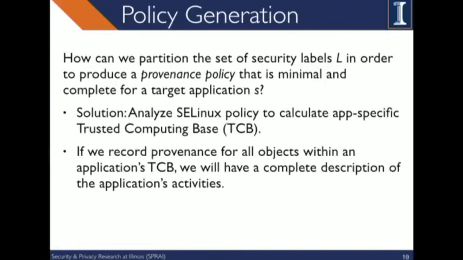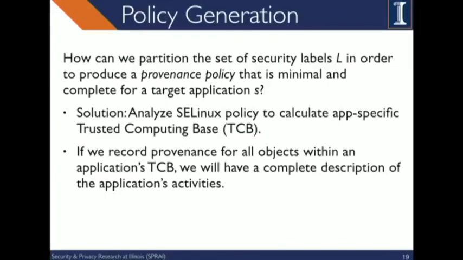All right, so given that definition, we now need a means of partitioning the set of MAC labels so that for a particular target application S, the policy satisfies this property of minimal completeness. As I pointed to, our solution involves analyzing the system security policy in order to identify a set of security labels that constitute the target application's trusted computing base, or TCB.